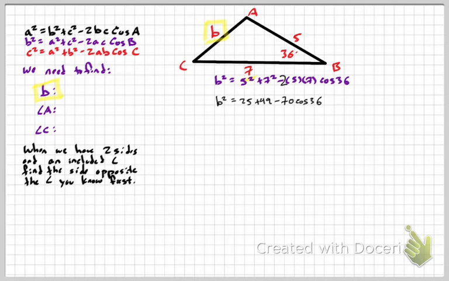That gets me 74. So b squared equals 74 minus 70 times the cosine of 36. Okay. Now here's where your use of the calculator is going to be important. The way that I'm going to do this, I'm going to do 70 times cosine 36. And again, that's going to give me a big long number, like 56.6311896062.